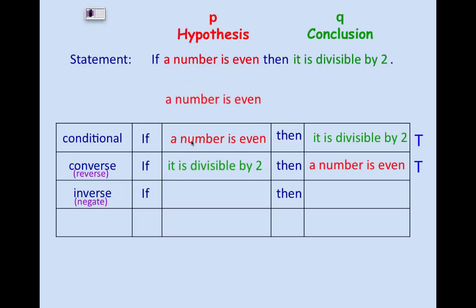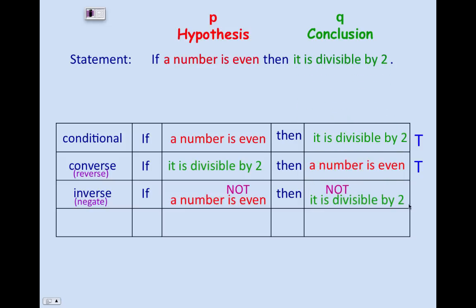So if a number is not even, then it is not divisible by 2. That's what the inverse sounds like. If a number is not even, then it is not divisible by 2. That is also true. Any number that's not even is odd, and odd numbers are not divisible by 2.